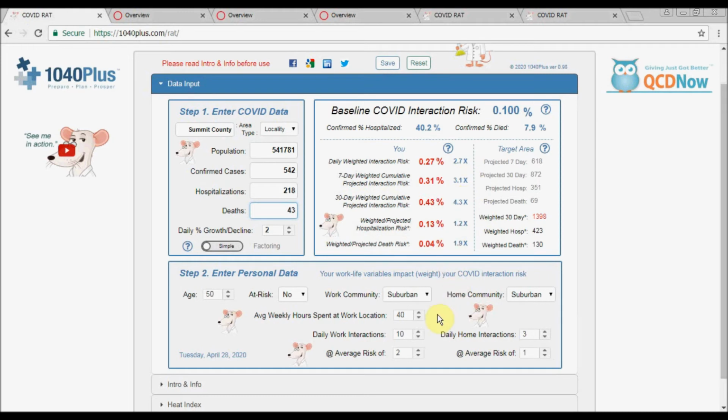So here's an example of where this individual lives in the suburbs, works in the suburbs, works full-time, and has these interactions. You can see the number of interactions here. If they're working, you can see in this column here how it has increased the baseline interaction risk.